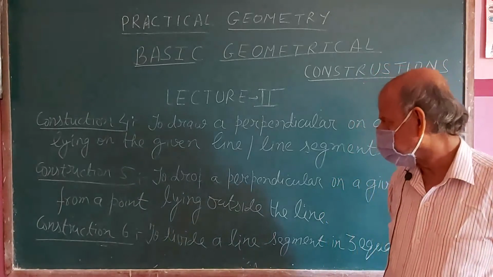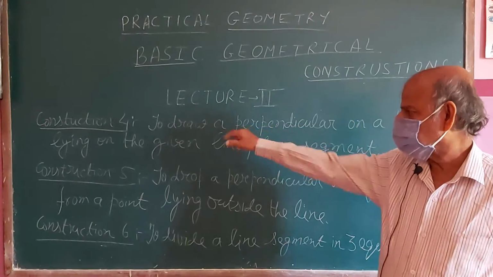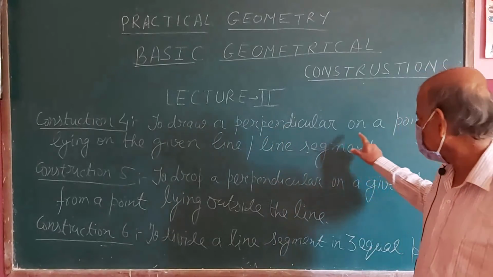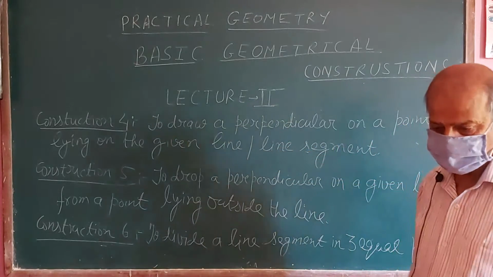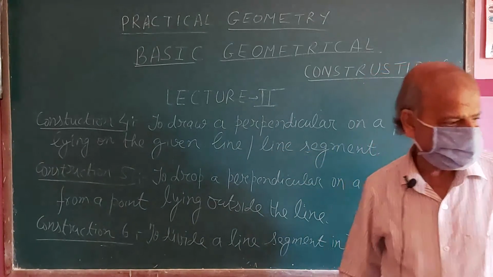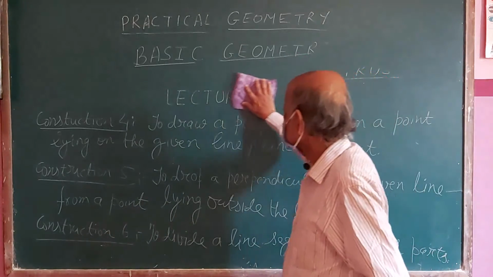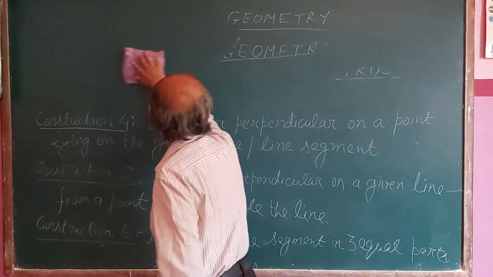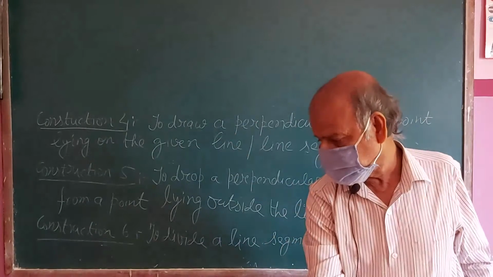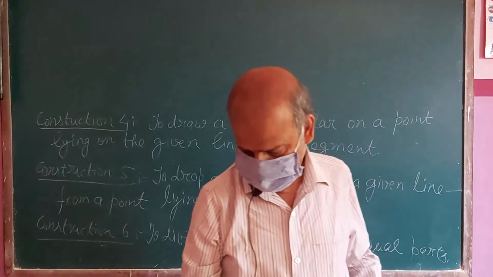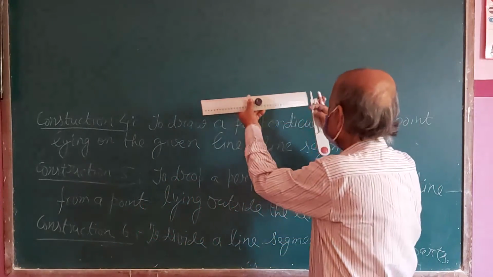So, now I will start this first construction, today's first and overall fourth construction, to draw a perpendicular line on a point lying on the given line or line segment. Now, I am starting the construction. Suppose you are given a line or line segment, its name is AB.